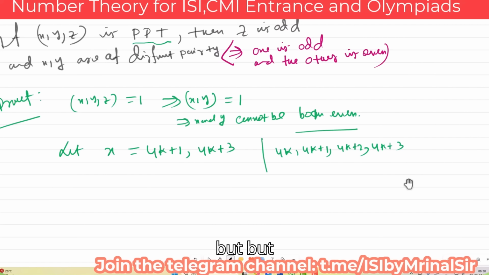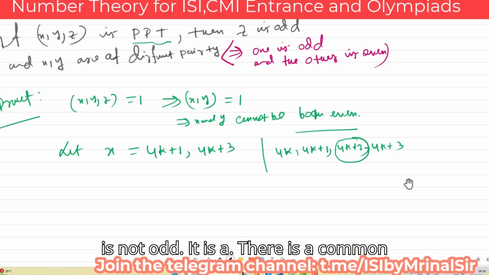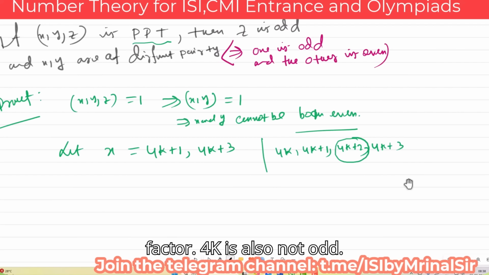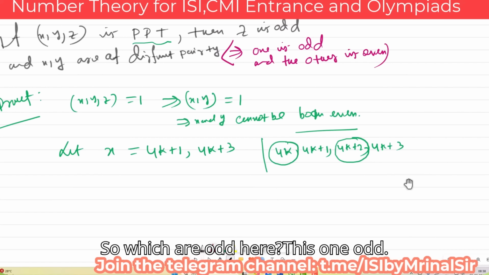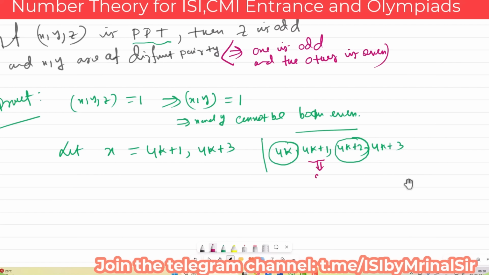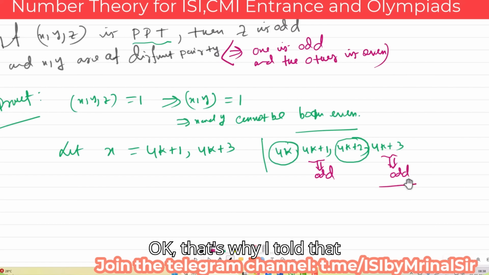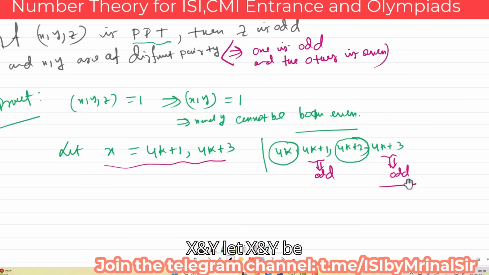But 4k plus 2 is not odd; there is a common factor. 4k is also not odd. So which two are odd here? This one is odd. This one is also odd. That's why I said let x and y be 4k plus 1 or 4k plus 3.